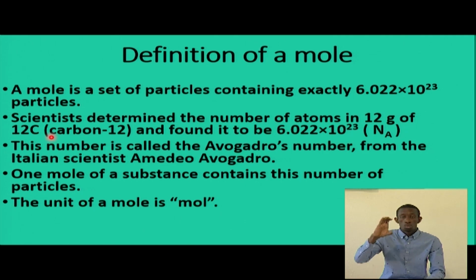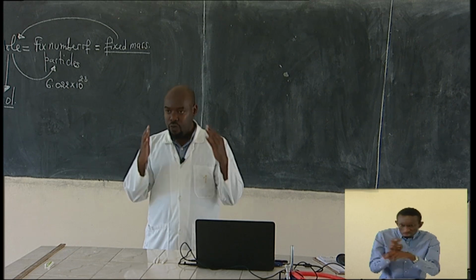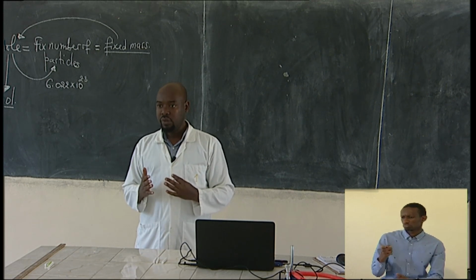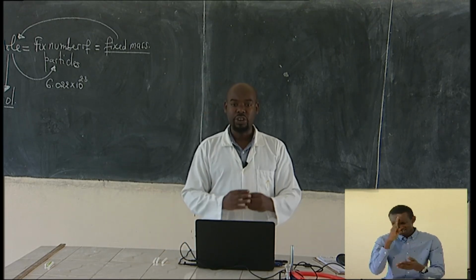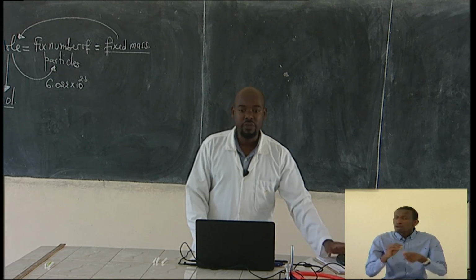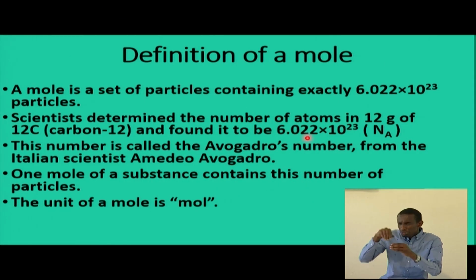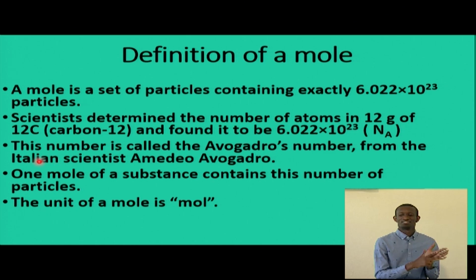So when scientists analyzed or measured 12 grams of carbon-12 and tried to determine the number of particles in that mass, they found that we have 6.022 times 10 power 23. This number is called Avogadro's number, and it gets the name from the scientist who determined it, Amedeo Avogadro, the Italian scientist.